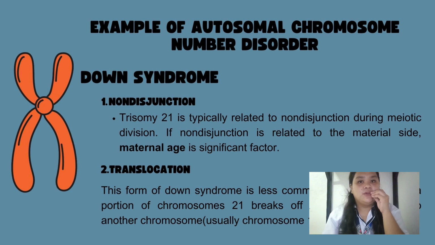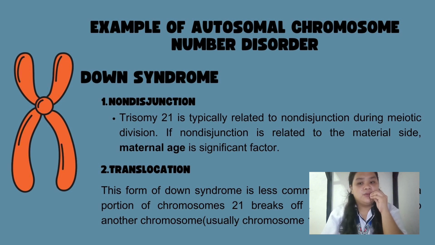In translocation Down syndrome, the extra 21 chromosome may be attached to the 14 chromosome, or it could be attached to other chromosome numbers like 13, 15, or 22. Two 21 chromosomes can be attached to each other in some cases.